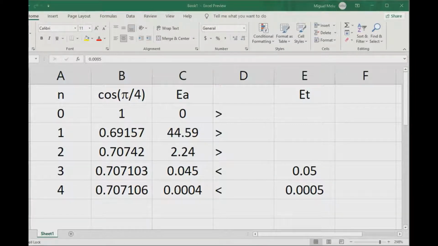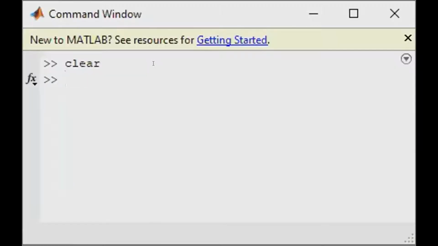Since we are using MATLAB, let us take advantage of it.